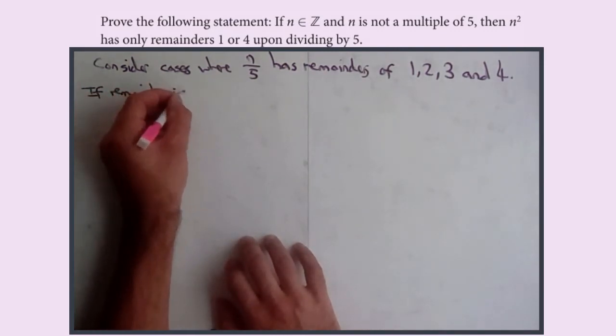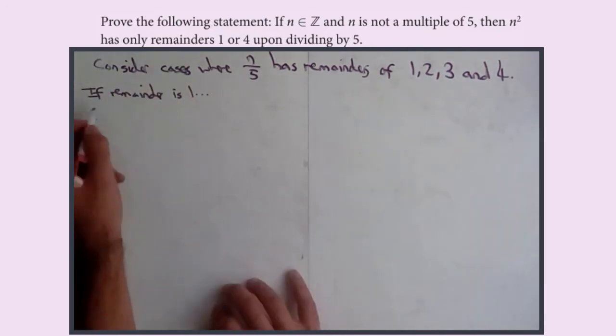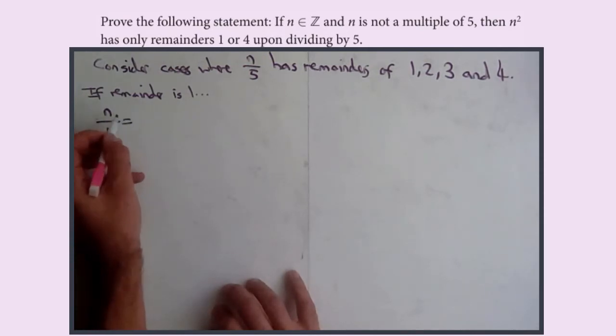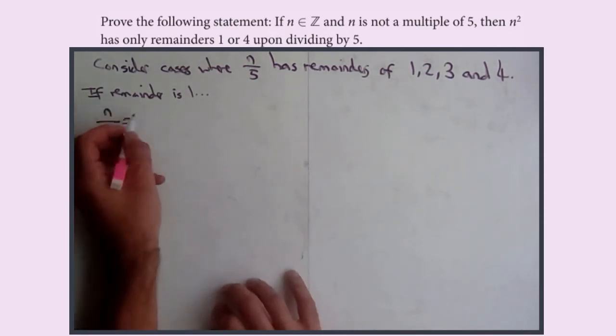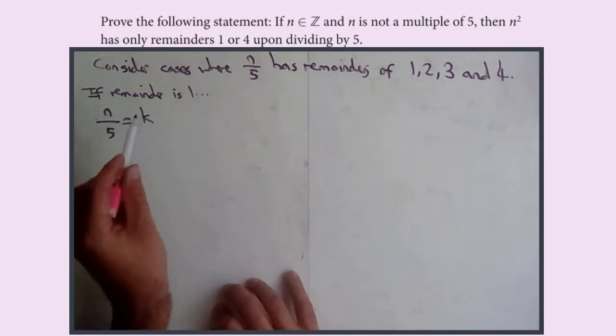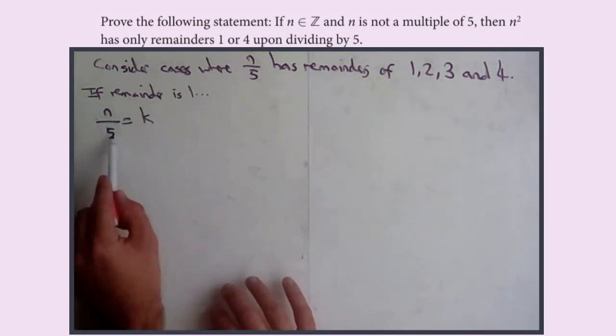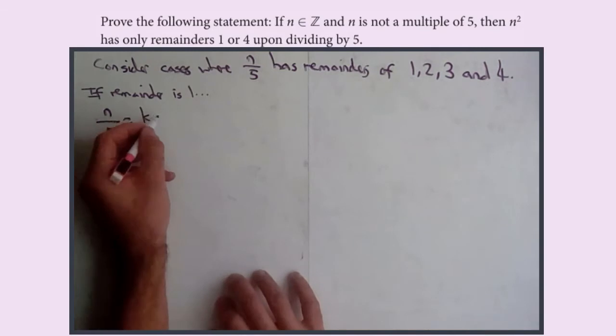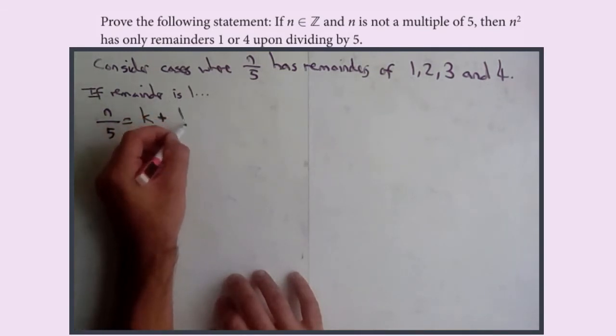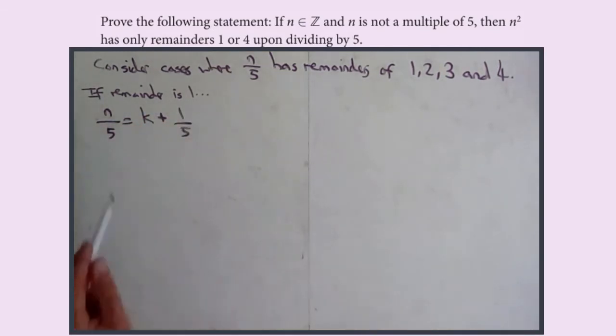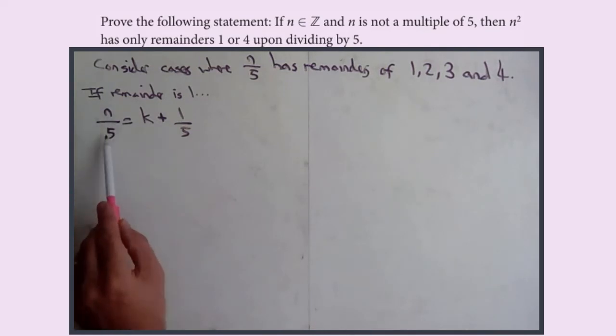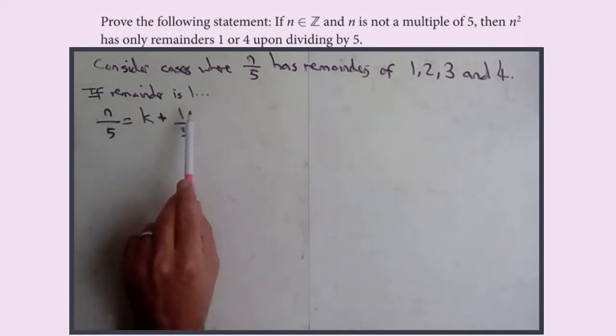If the remainder is 1, then remember it's dividend over divisor: n over 5 equals the quotient, which would be some k, so that's the amount of whole times 5 goes into n, plus the remainder, which we've been told is 1, over the divisor. Remember, dividend over divisor equals quotient plus remainder over divisor.